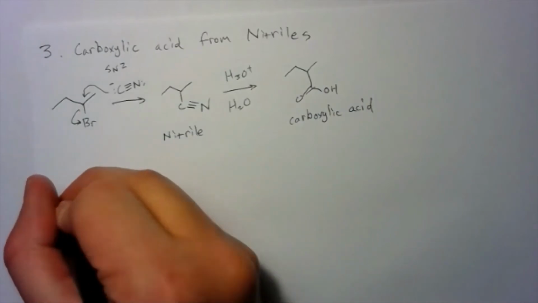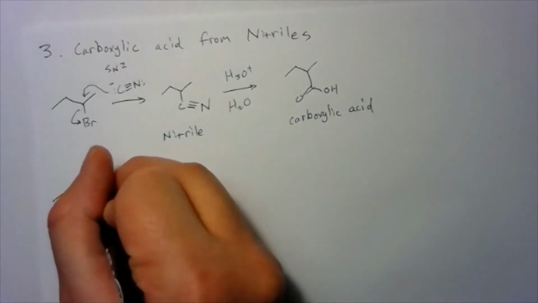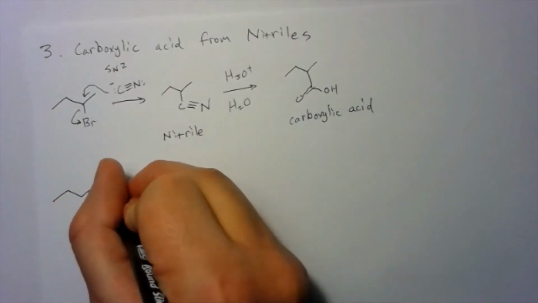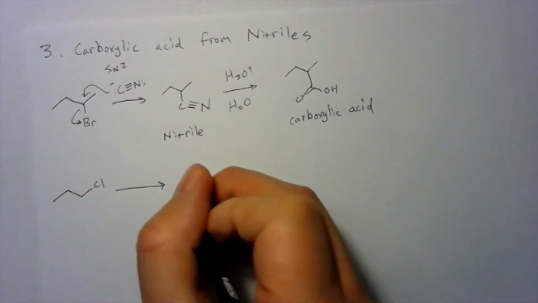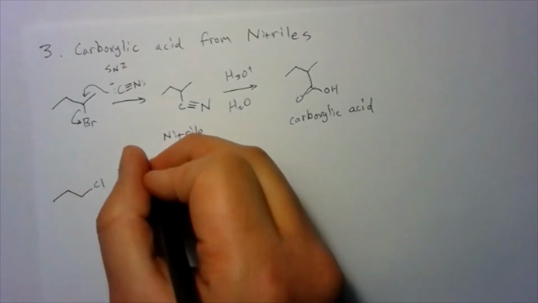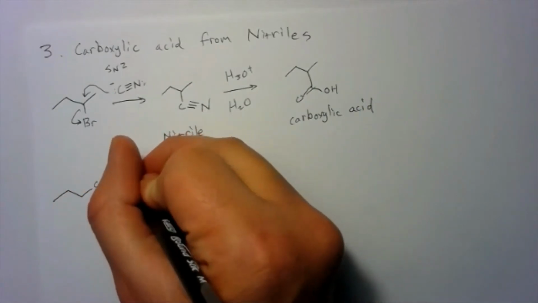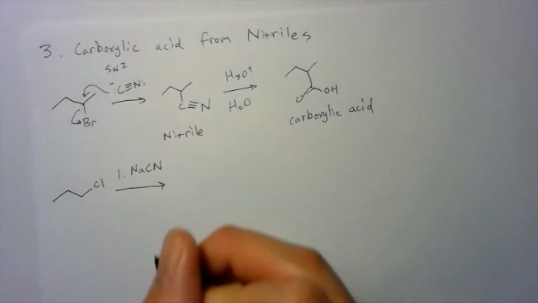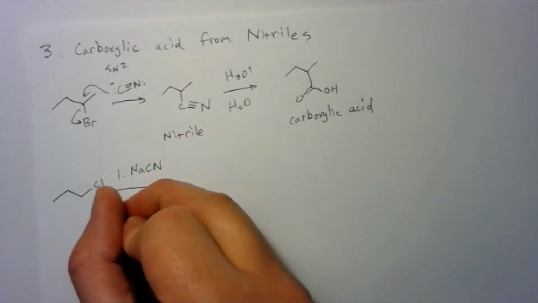So overall, we're taking any compound with a halogen. We treat it first with our cyanide. So we add our cyanide ion. Here we have the potassium counterion.